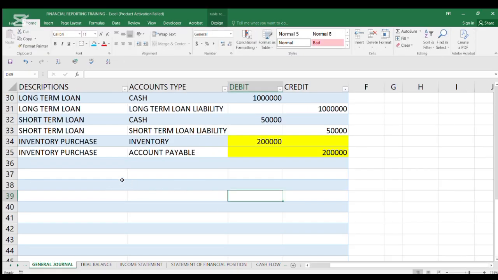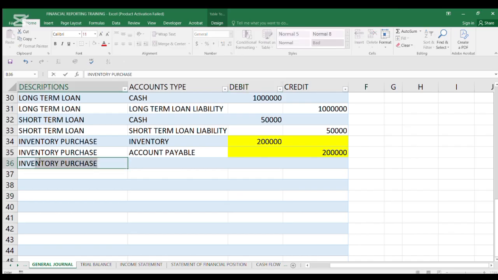So the next transaction: the client paid 1,000 US dollars cash for office supply. All right, so what we are going to do is very simple. We come here and say inventory purchase again, office supply.